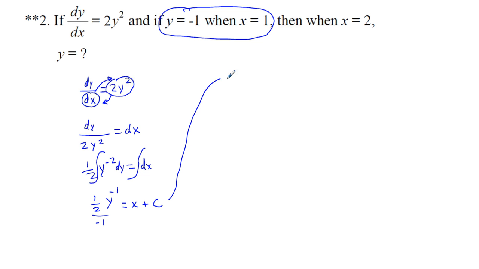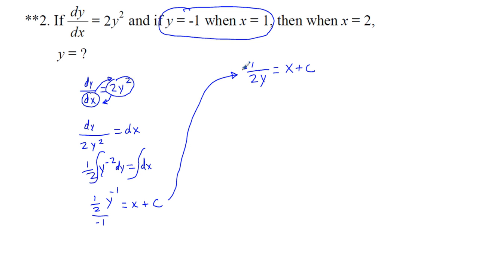So coming up here, to the upper right, we have negative 1/2, and y to the negative 1 is y down here, equals x plus c.